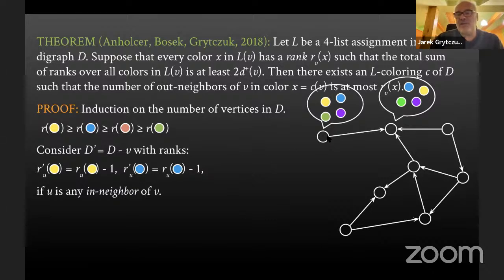We apply induction to this smaller digraph. I hope you see that we are allowed to apply this induction because of this modification: the ranks are smaller by 1, but only in those in-neighbors that have actually smaller out degree, because we delete some edges, and in every such vertex at least one outgoing edge was deleted.